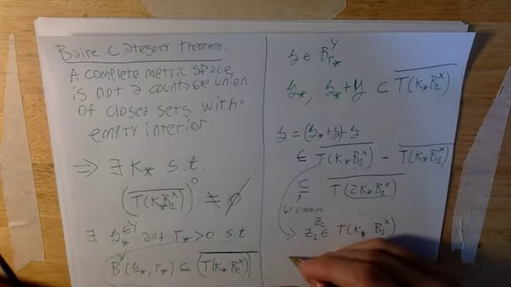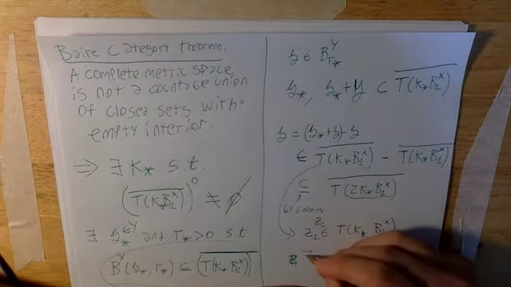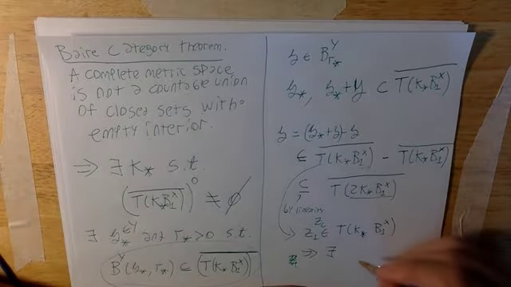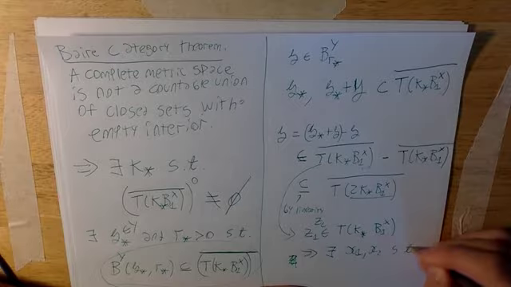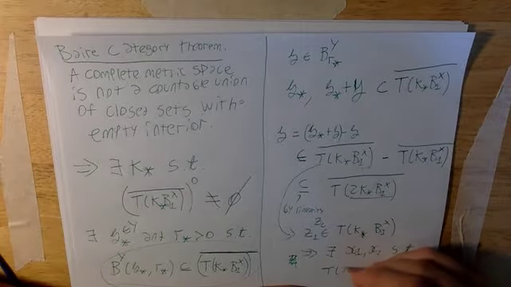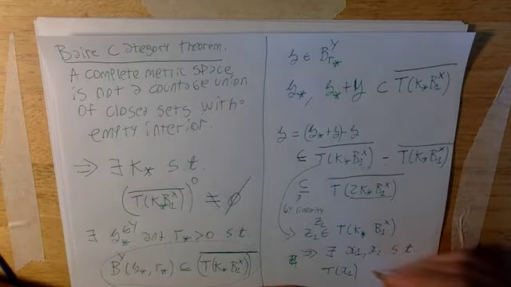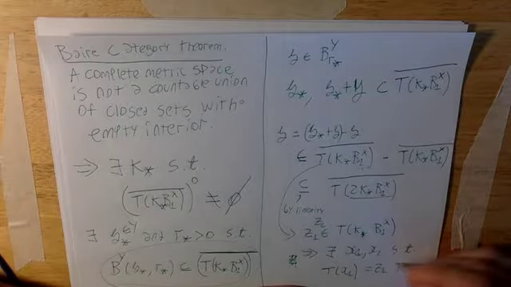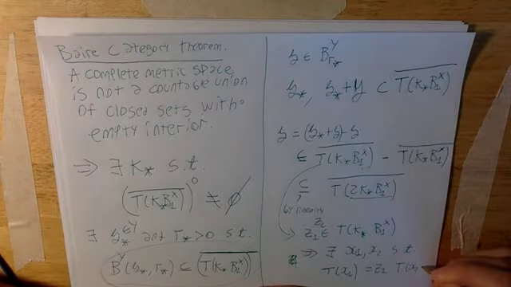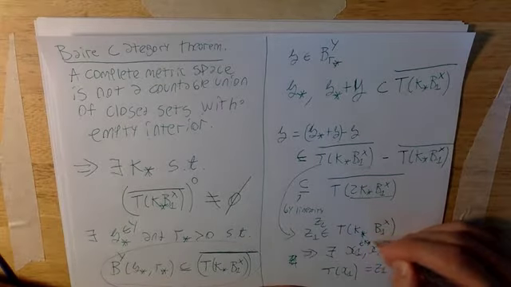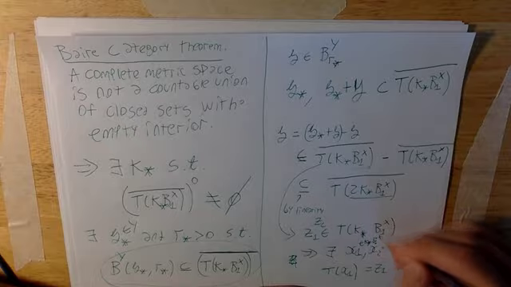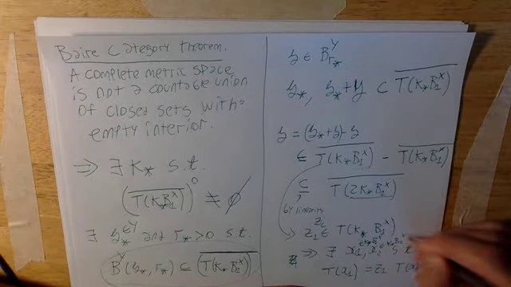Then this implies that there exist X1, X2 such that T of X1 is equal to Z1 and T of X2 is equal to Z2, and these are in k star B1 of X.